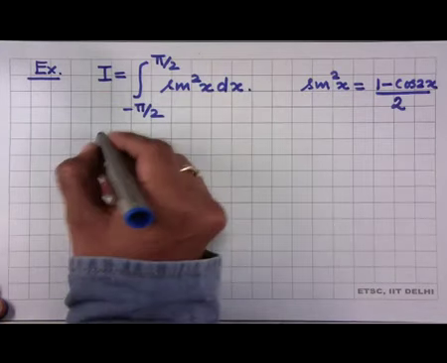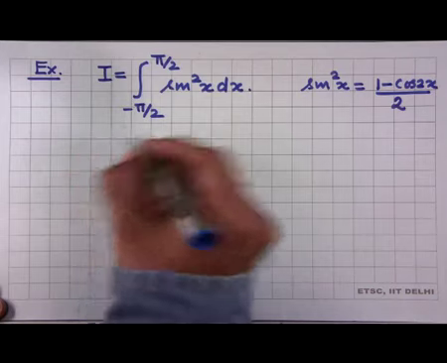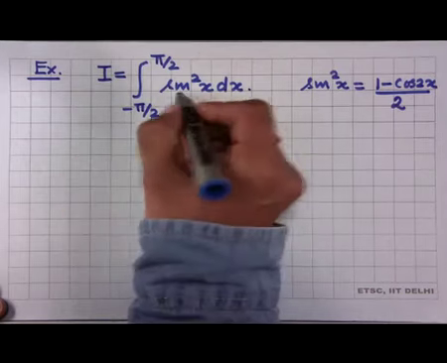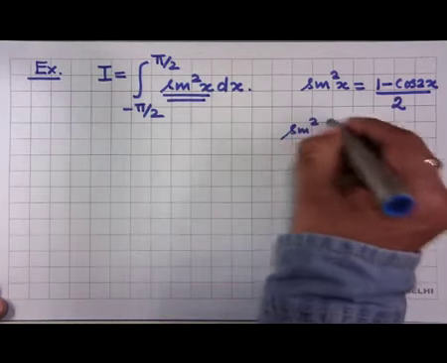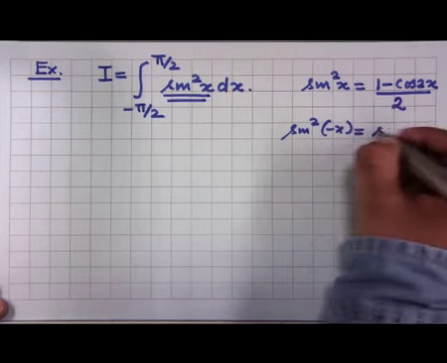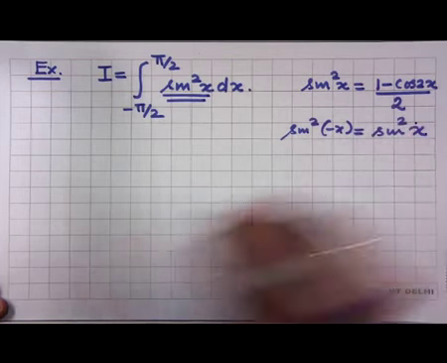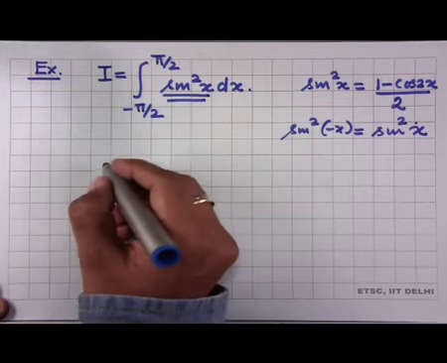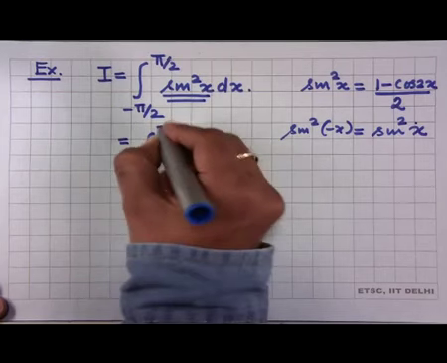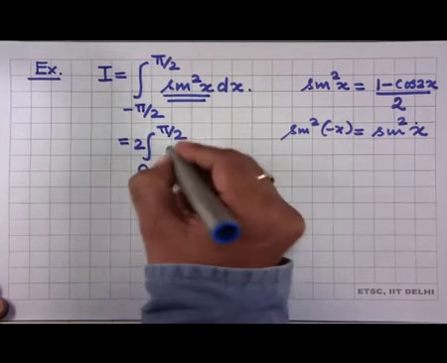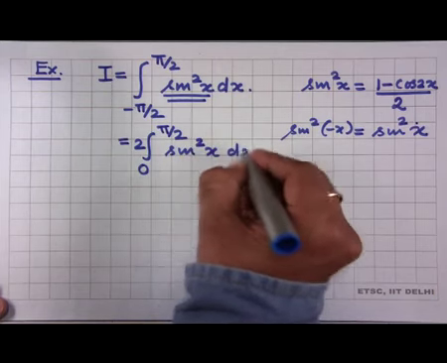Instead, I will be using properties of definite integrals. So, let us see whether this function is even or odd. So, sin square of minus x is sin square x, therefore this function is even, hence you can write this integral as twice of 0 to pi by 2 sin square x dx.